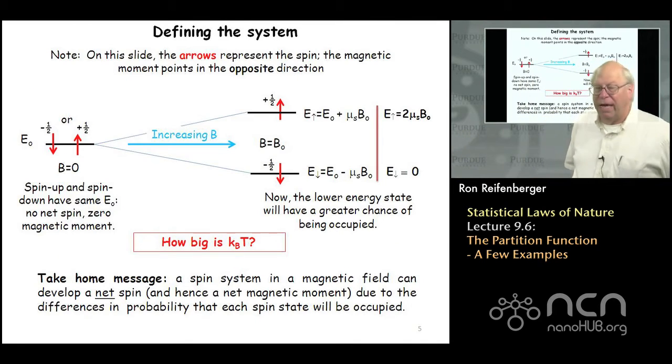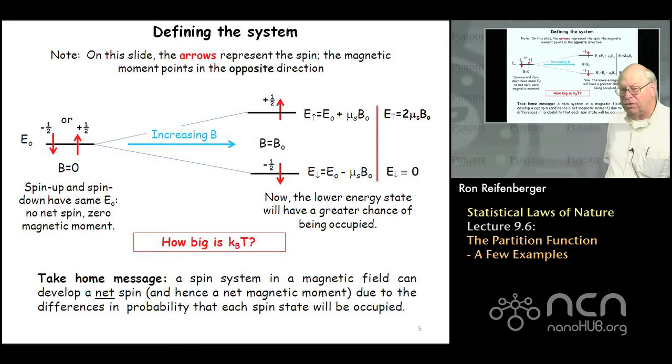So what's the relative energy of a spin up and a spin down state? Well, when there's a 0 applied magnetic field, the spin up and the spin down electron are degenerate. They have the same energy level, and we'll call that energy level, just for the sake of argument, E0.